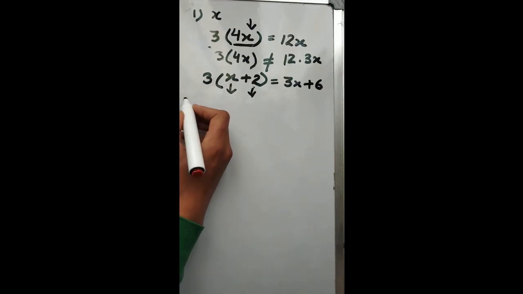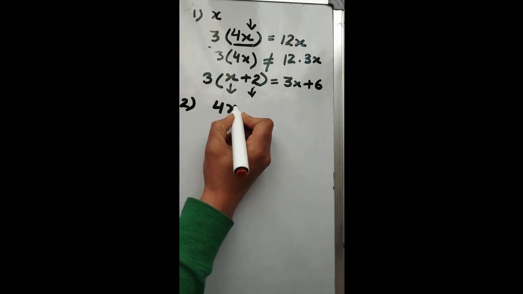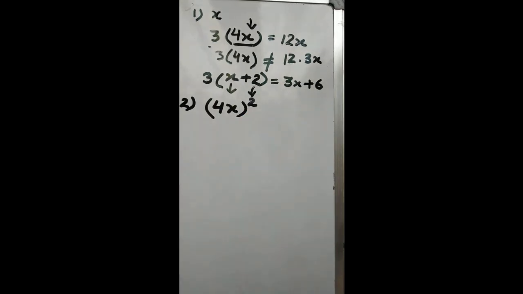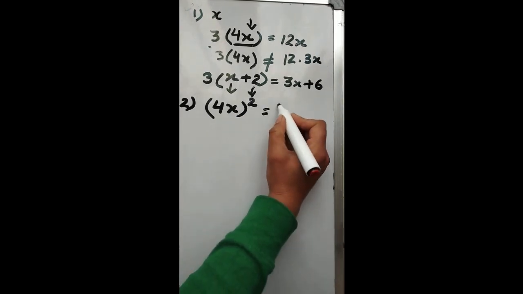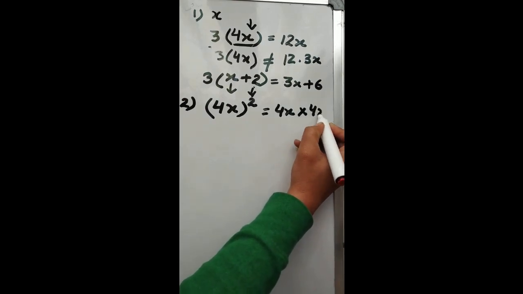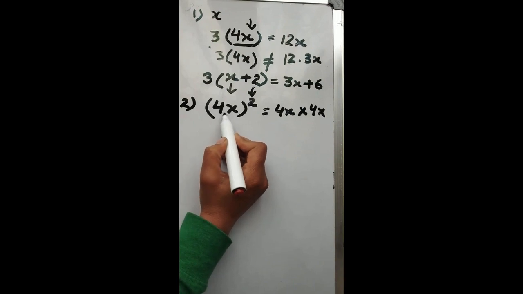Now, one more thing I want to explain to you. Suppose we have this. This is actually equal to, if we go in detail, this, because this is the power. So the multiplicative frequency of 4x is 2.